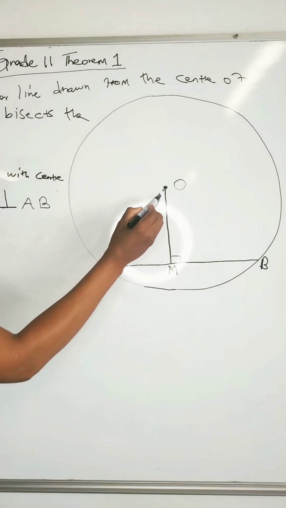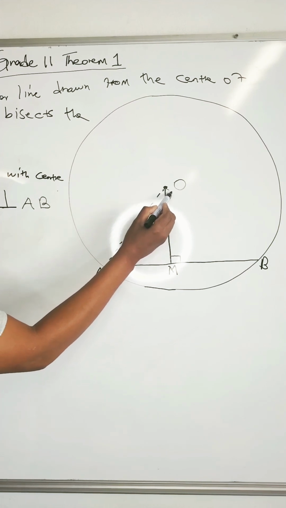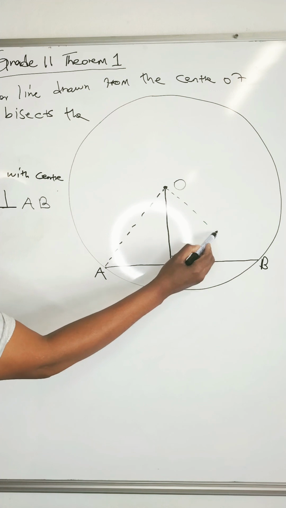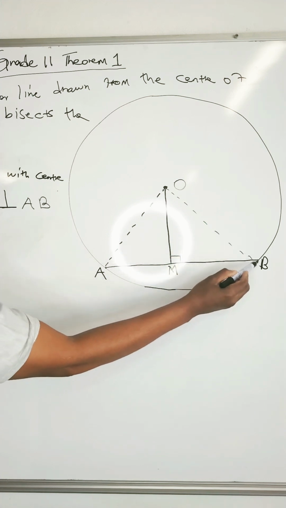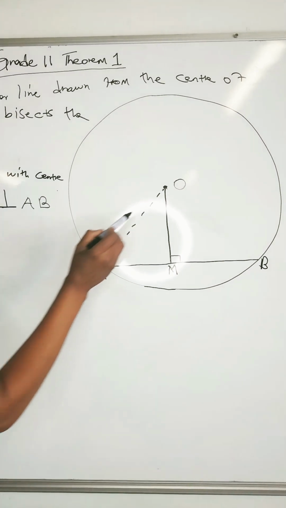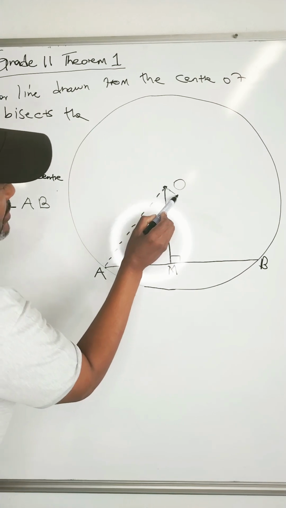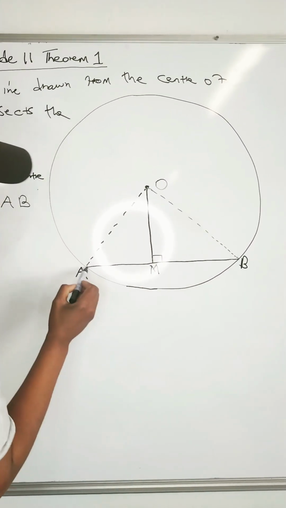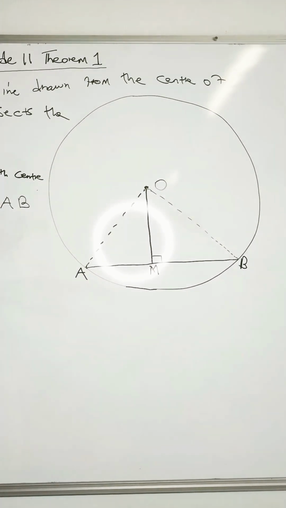And we are also going to construct another line from the center to the circumference of our circle.